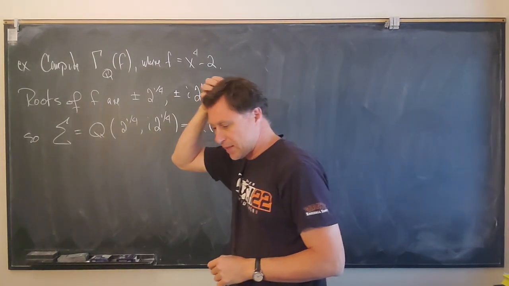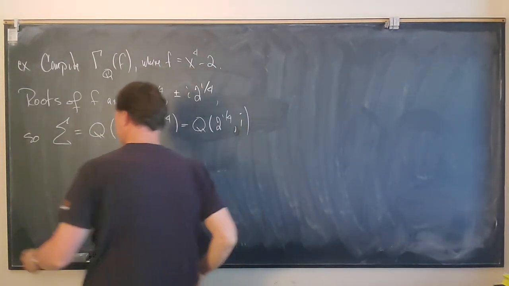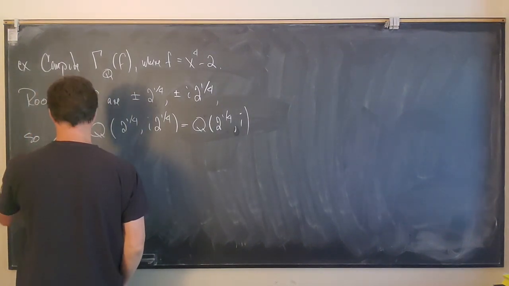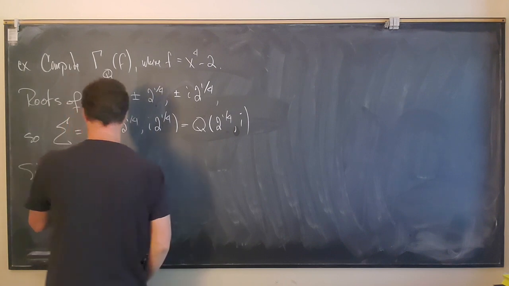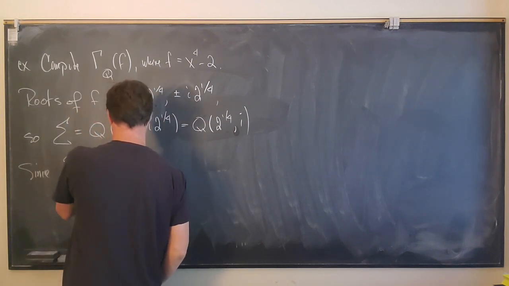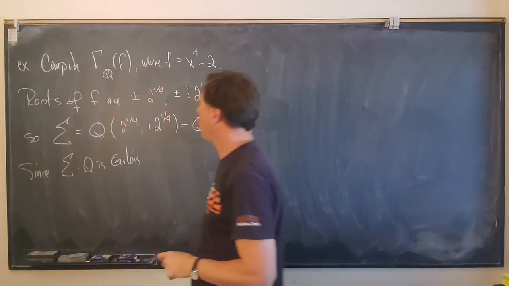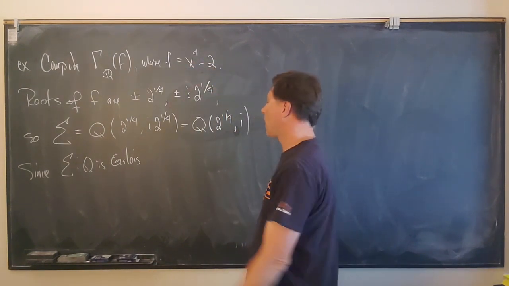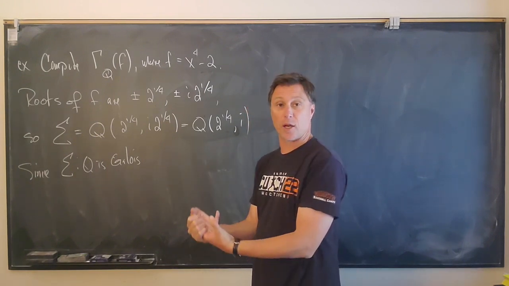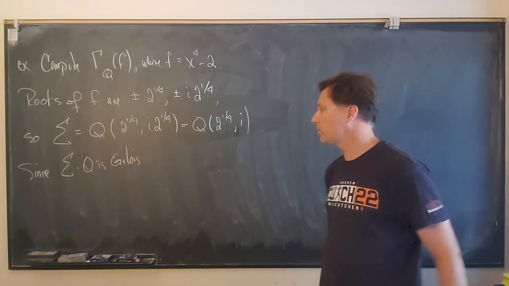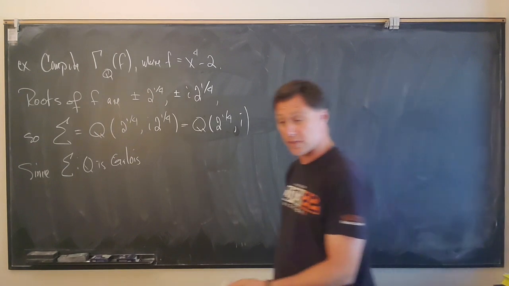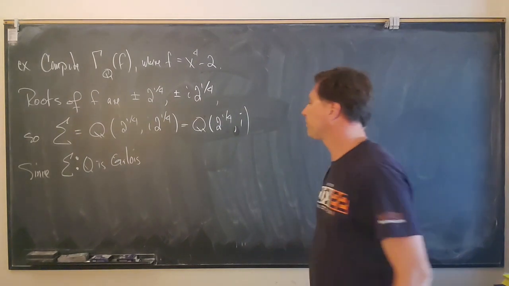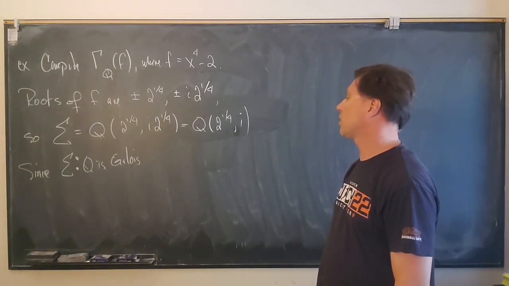And so this makes it easy to compute the degree. Since this extension sigma over Q is Galois, why is that? Well, it's a normal extension because it's the splitting field of this polynomial over Q. It's separable because Q has characteristic 0. Every extension over a field of characteristic 0 is separable, and of course it's also finite.